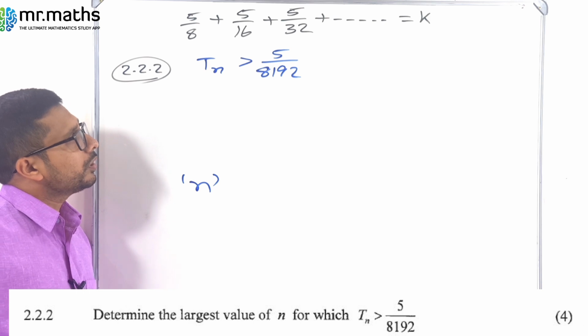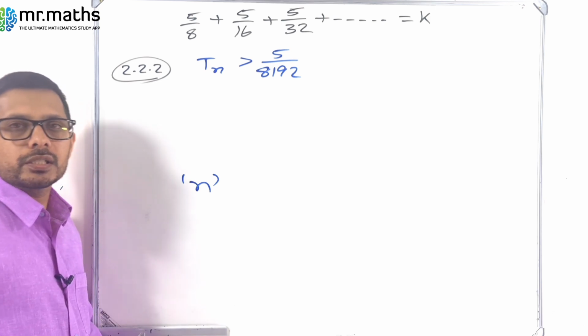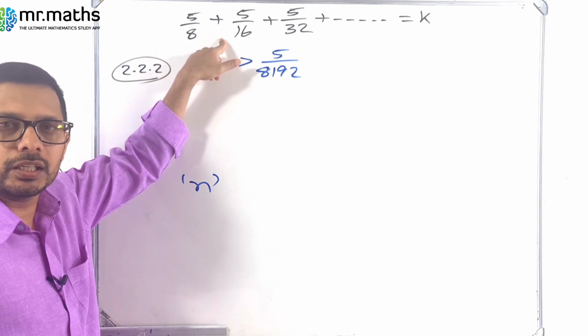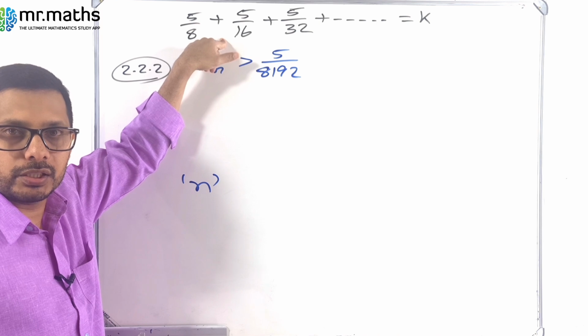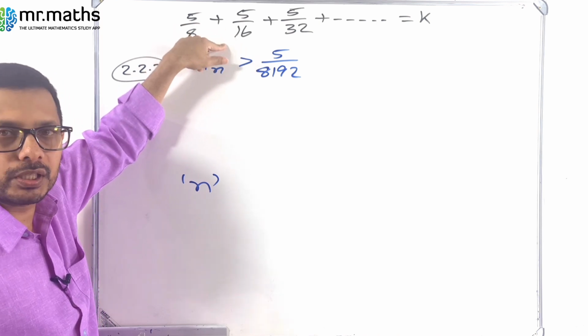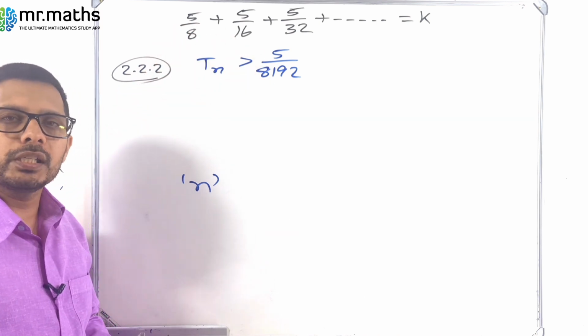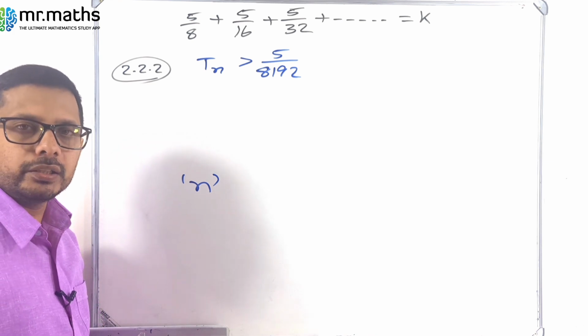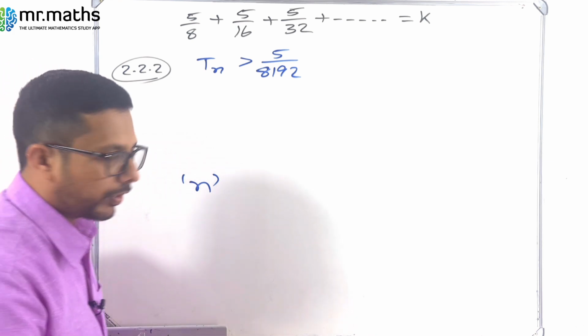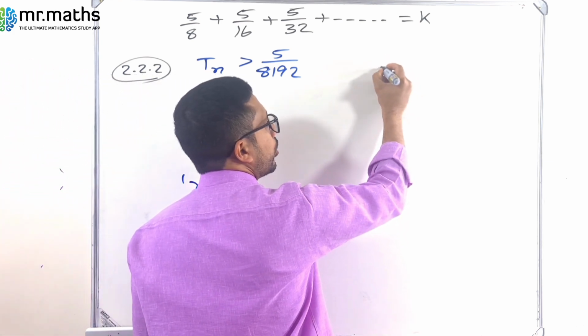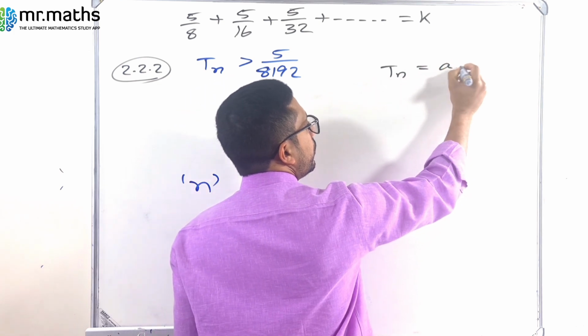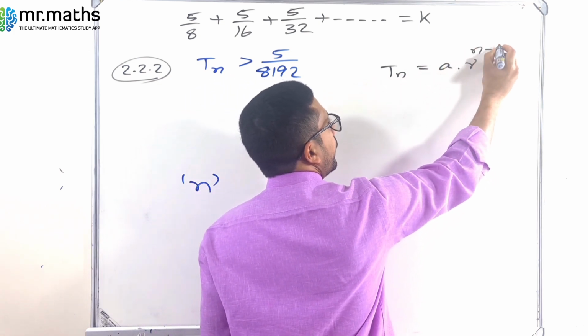Now what type of sequence is this? It is given that it is a geometric series. Am I right? So in a geometric series, how can you find the nth term? What is the formula to find the nth term of a geometric series? Tn is a into r raised to n minus 1.